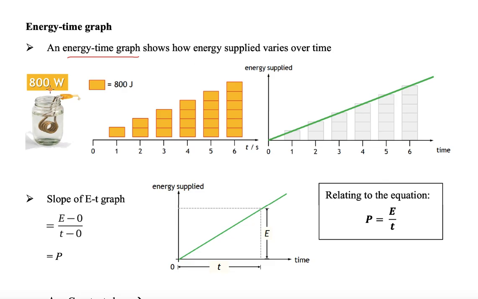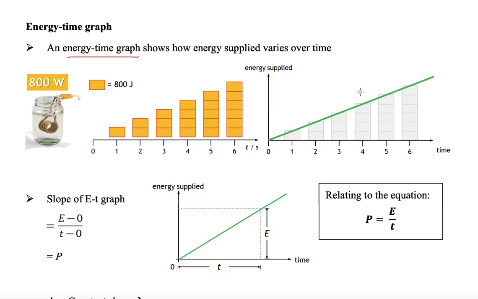And if the power is constant, use the same example, which is 800 watt here. If the power is constant, then the energy supplied over time is constant, which means that if 1 second has passed, then 800 joule is transferred. And if 2 seconds have passed, then 1600 joule of energy is transferred.